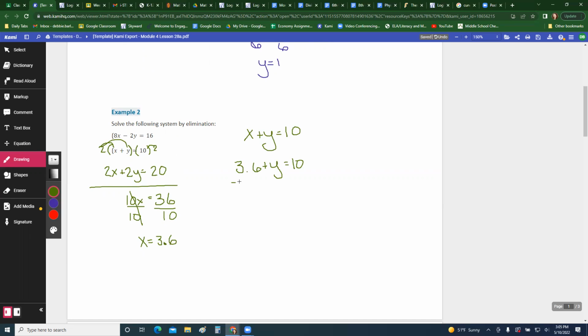So I'm going to subtract 3.6 from both sides to figure out what y equals. y equals, let's see, 10 minus 3 is 7, minus 0.6 is 6.4. So my solution is the point 3.6, 6.4. Not pretty numbers, but that's okay. We can deal with numbers that aren't pretty, and that's my answer.